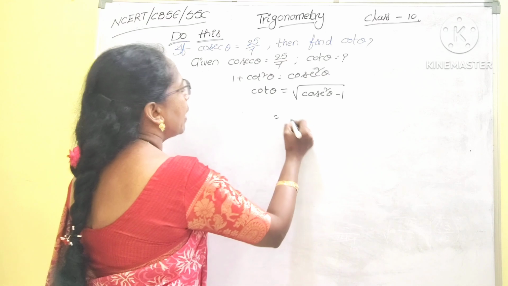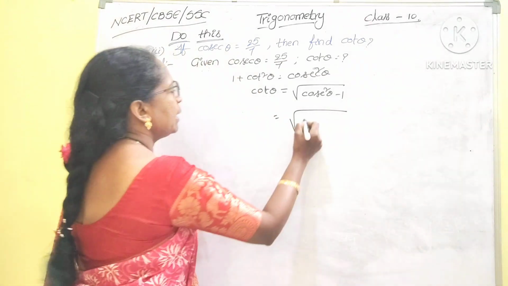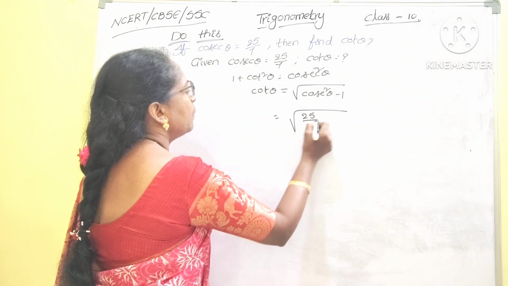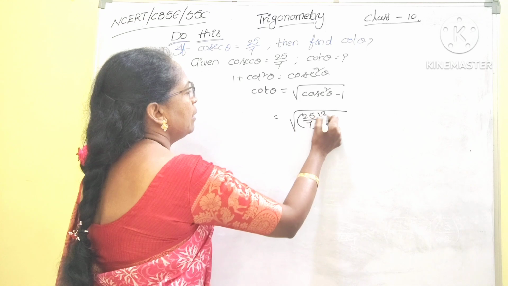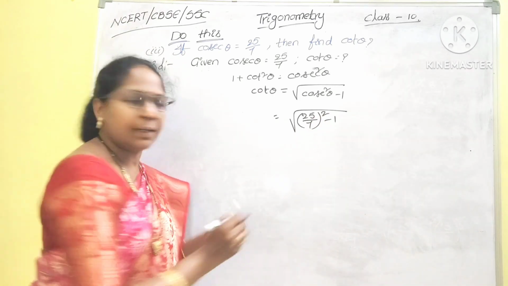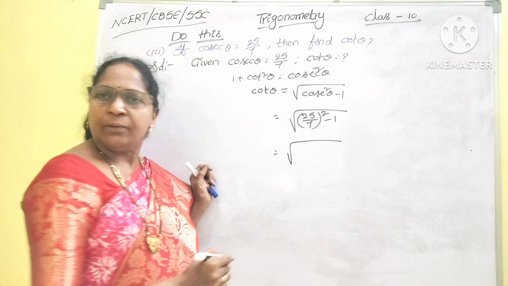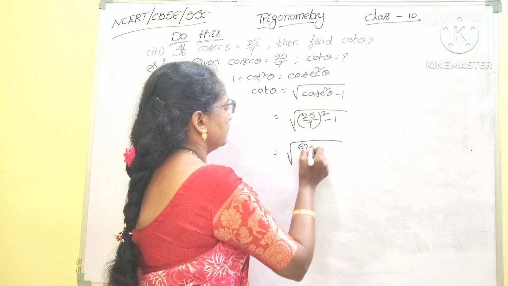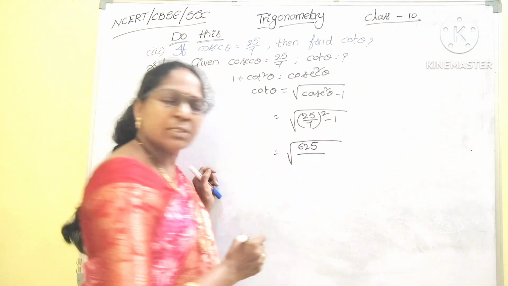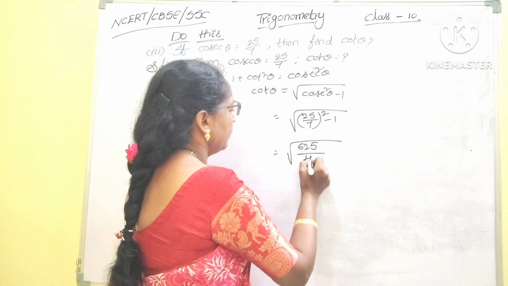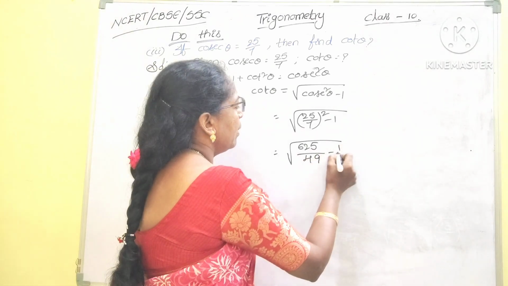Now substitute the values directly, where cosecant theta equal to 25 by 7 whole square minus 1. Now here 25 square equal to 625 by 7 square equal to 49 minus 1 by 1.